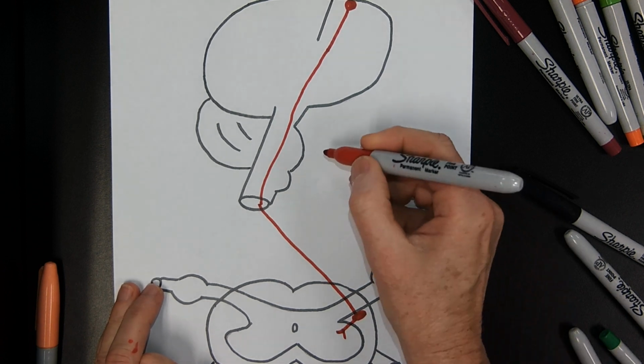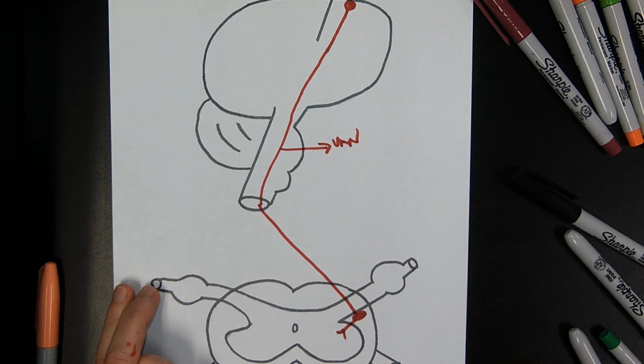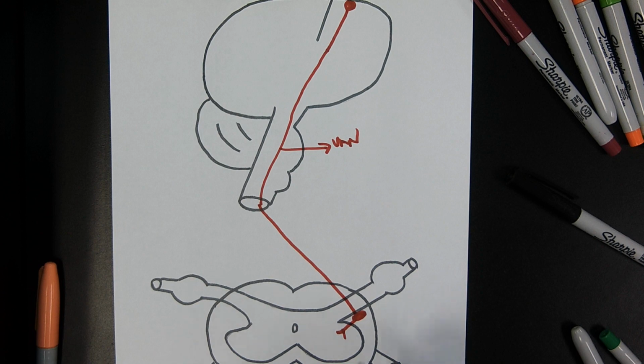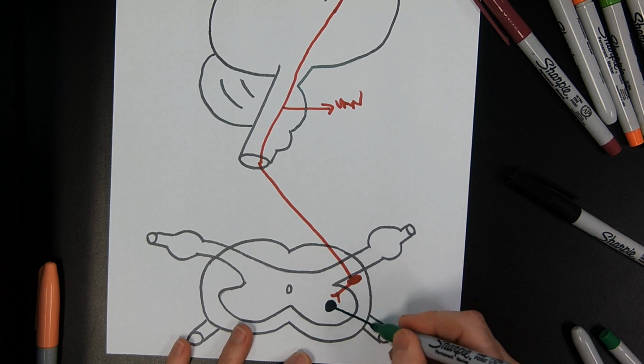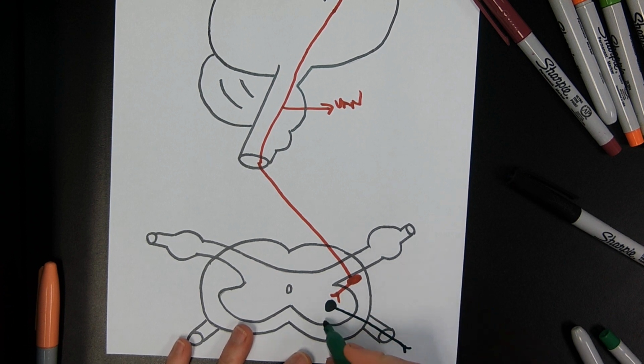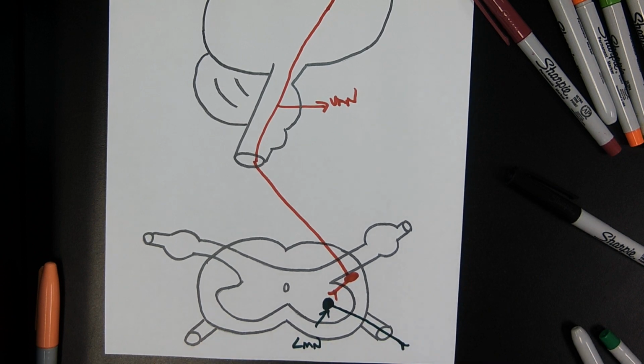This is your upper motor neuron piece. This guy down here, your neuronal cell body, is your lower motor neuron. We talked about the lower motor neuron cell body residing in the ventral gray horn of the spinal cord. It's also known as the alpha motor neuron. It's the one that's responsible for innervating your muscles directly for voluntary movement.